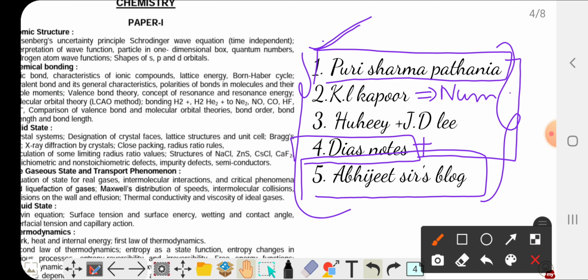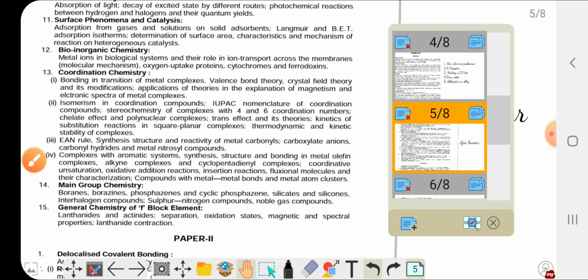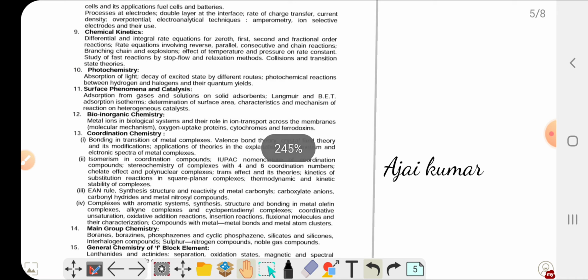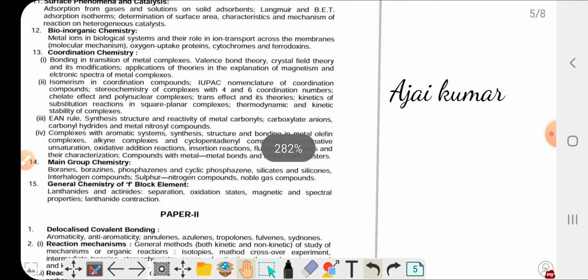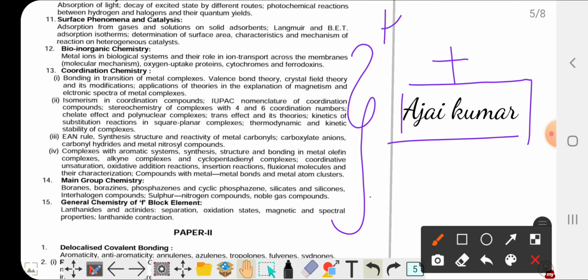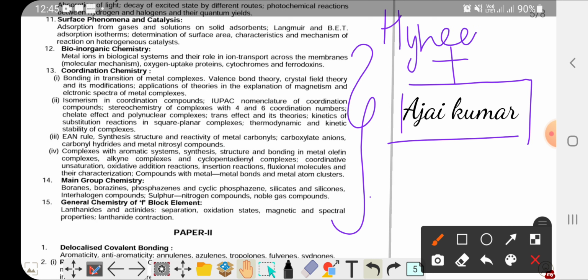Now in paper 1, there is an inorganic portion as well. For the inorganic portion, the coordination, bioinorganic, main group elements, as well as the general chemistry of F block, we can refer to either Ajay Kumar or Huheey.